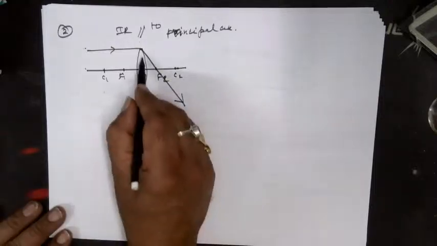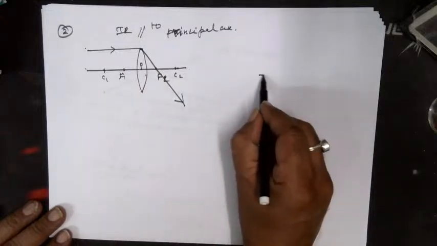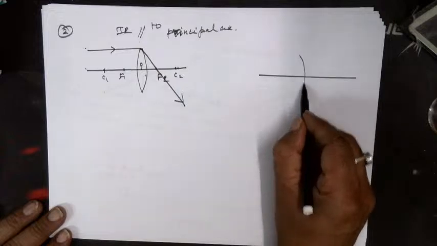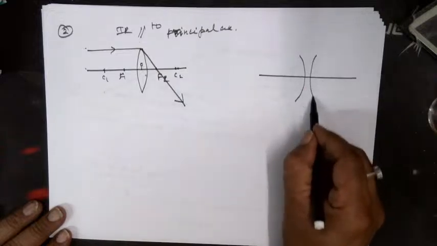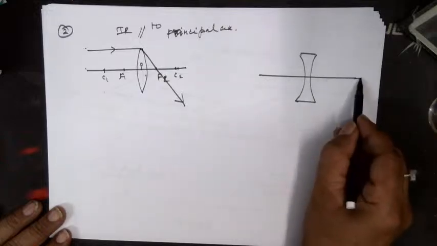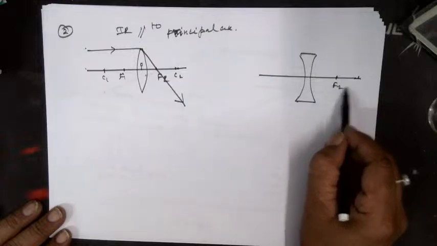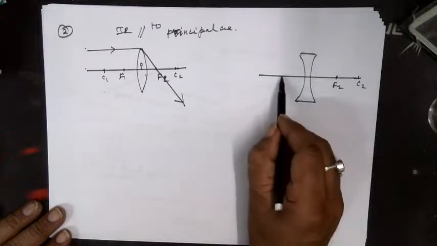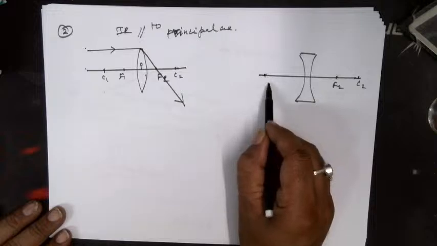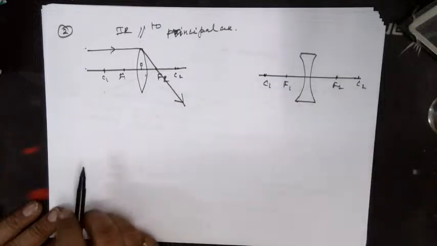So it gets converged at F2 in the case of a convex lens, but in the case of a concave lens, now let us consider this is the C2 and this is F2 and this is C1 and this is F1, the focal point.